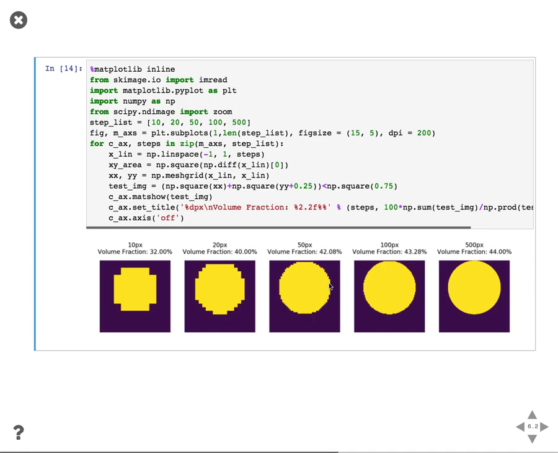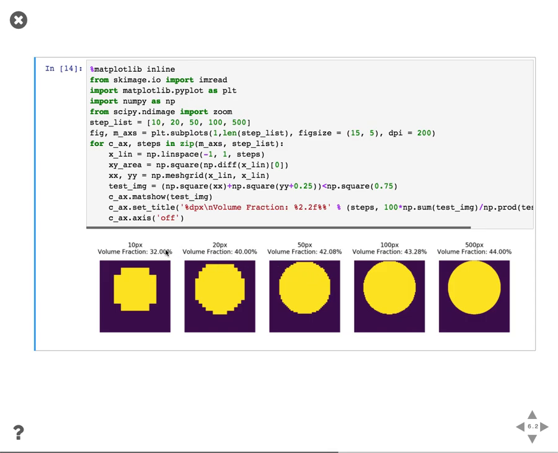0.75. And so if you look at the Python code, it's a little tricky to read, but you basically have x squared plus y squared is less than 0.75. And so we end up with, based on the number of pixels we sample this grid with, a number of different images that have a number of different volume fractions.